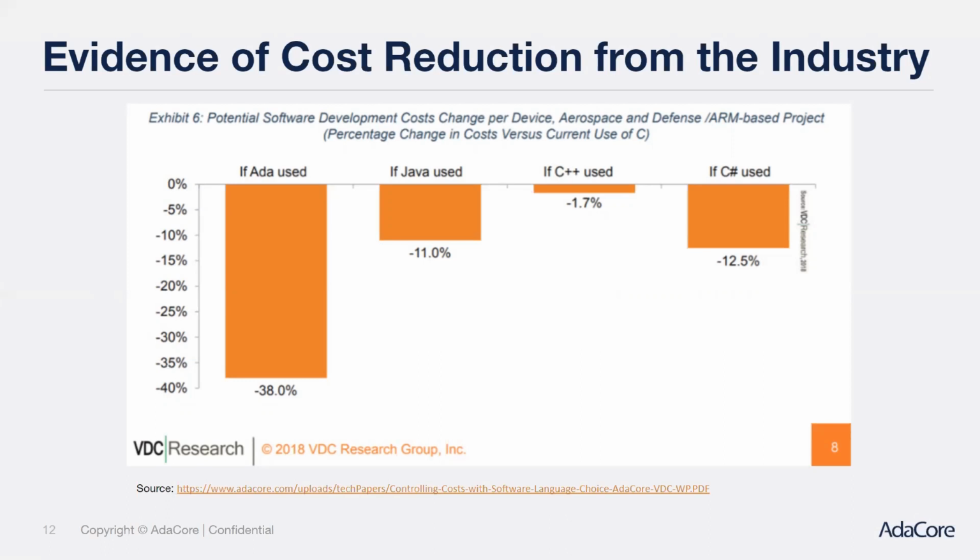And they looked at people that have used Ada for a long time, what are their costs for the development process. That includes development and verification compared to other languages. You have the reference here. What's interesting is that what they found is that people that are using Ada on average are claiming up to 38% savings compared to the C language.